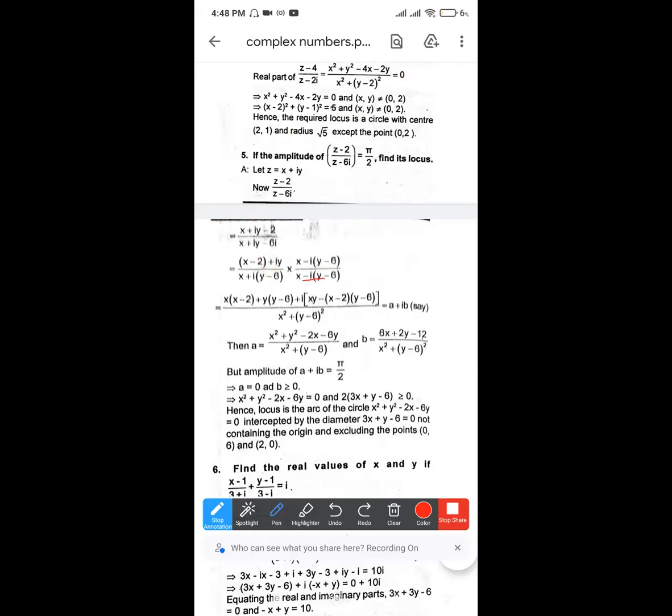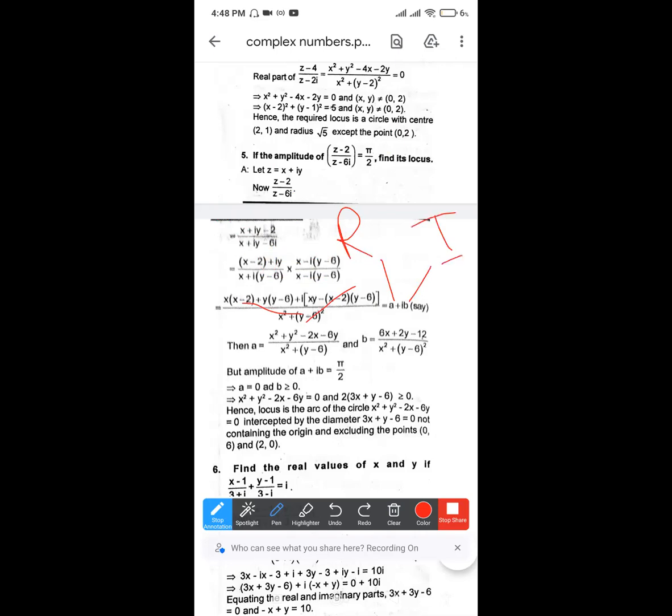We multiply the denominators and the numerators. Then we are multiplying and opening the brackets. After multiplying and opening the brackets, we'll get this equation. Then we separate the real part and the imaginary part.